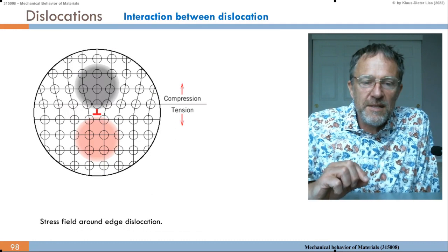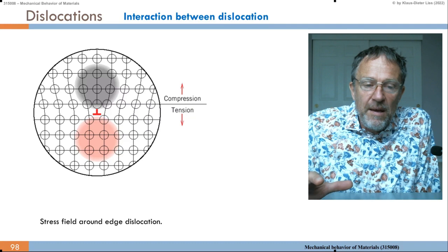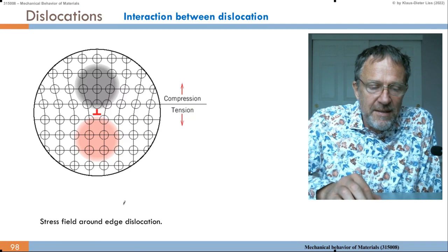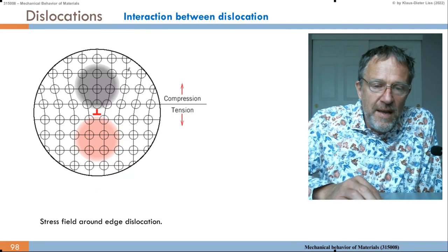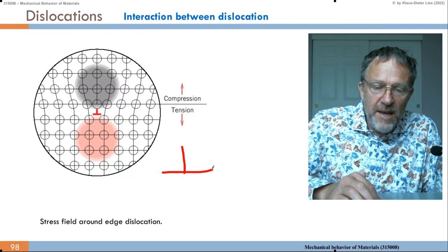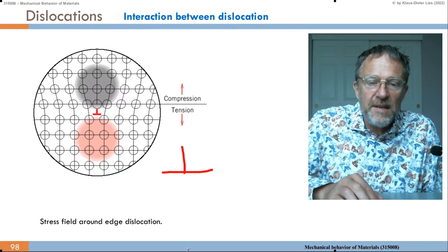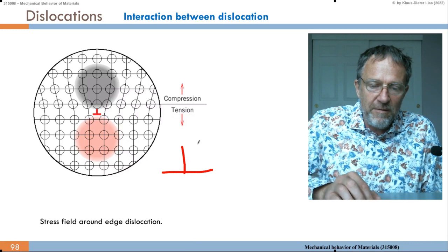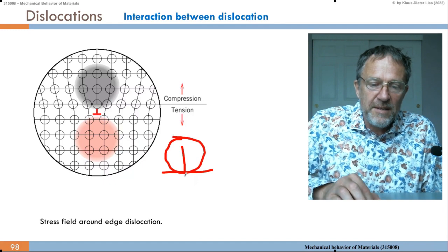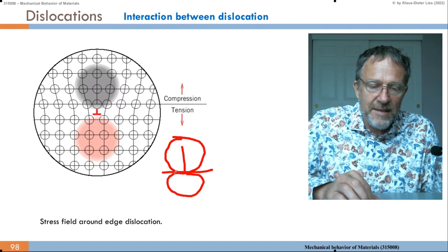Once we have forces, we have energies, we have the stress fields around the dislocation, like the edge dislocation, with compression and tension, as mentioned. We can put another dislocation here and look at what is the interaction between the two dislocations. For example, if I have a dislocation at this location, then I have the compressive stress here, and I have the tensile stress there.